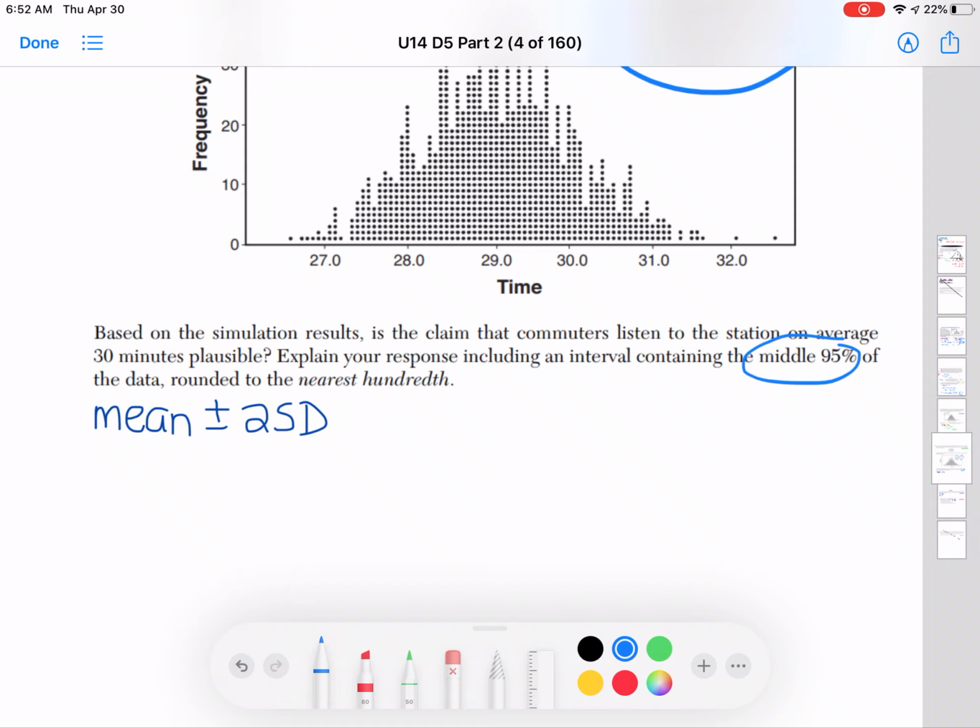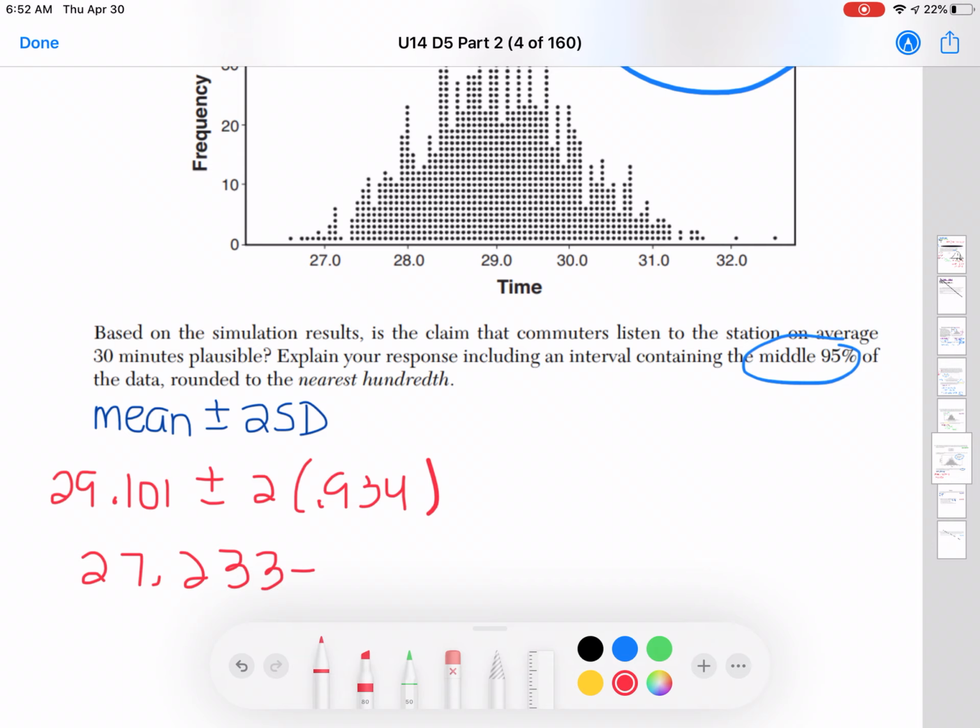Okay, so we'll make our little guy again. So our mean plus or minus 2 standard deviations, 27.233 to 30.969. And now they're saying to the nearest hundredth, so 27.23 to 30.97.